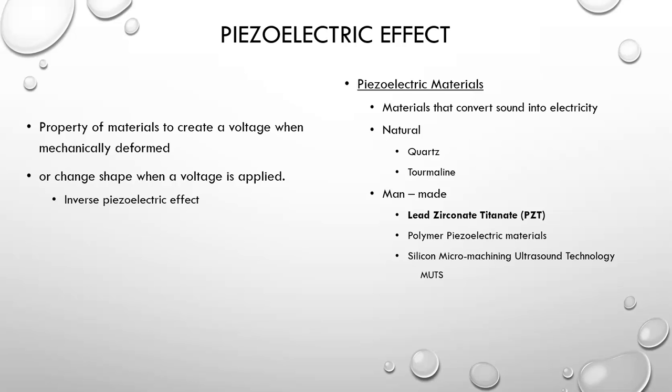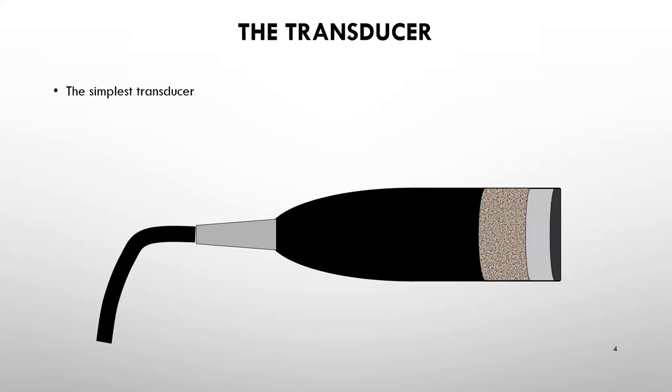So let's look at the transducer itself. Here we have a diagram of really what is the simplest transducer we could pretty much make. It consists of a piezoelectric element made of the crystal. This would be a single crystal element.